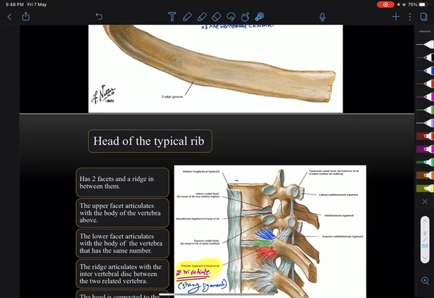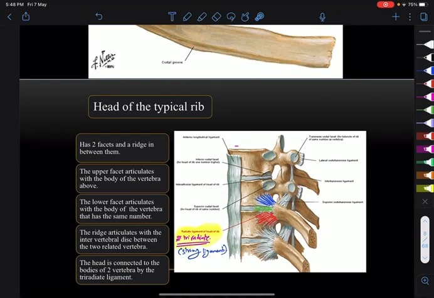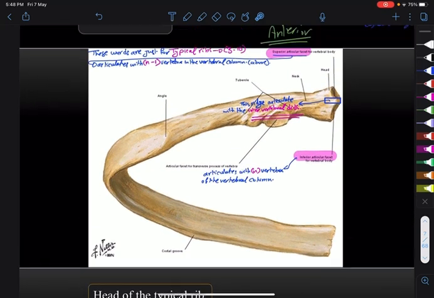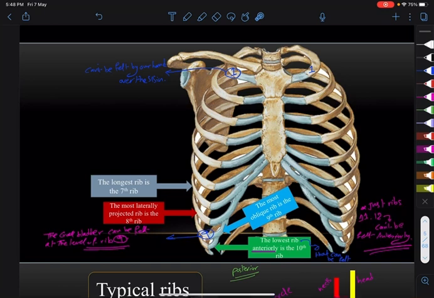Okay. Now let's understand. Let's come to this drawing here, for example. The ribs, for example, 1, 2, 3, 4. Rib number 4 is a typical rib. So the posterior end of it is connected to the thoracic vertebra. It has two facets.